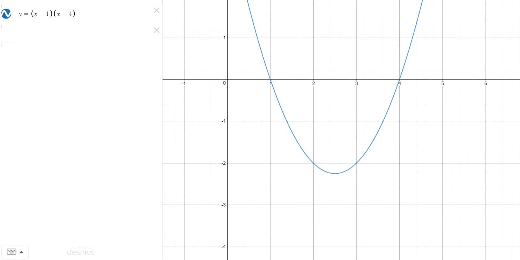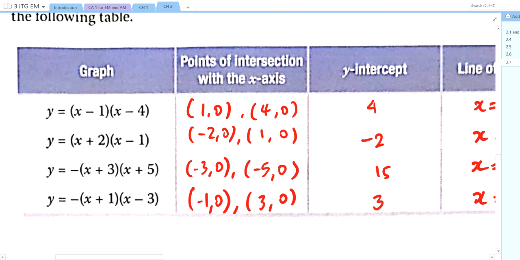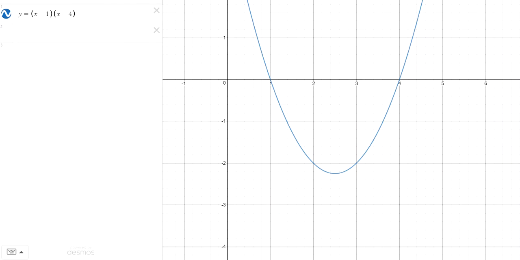Let's see what the textbook wants us to fill in. Points of intersection with the x-axis. In other words, the x-intercept. Do you remember how we always get our x-intercept? When do we get the x-intercepts? When y equals 0. y equals 0 is the equation of my x-axis, right?